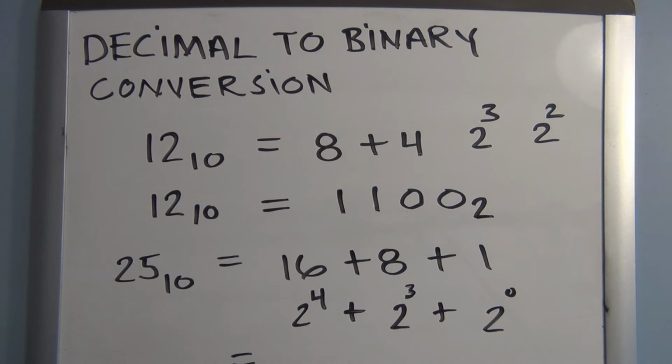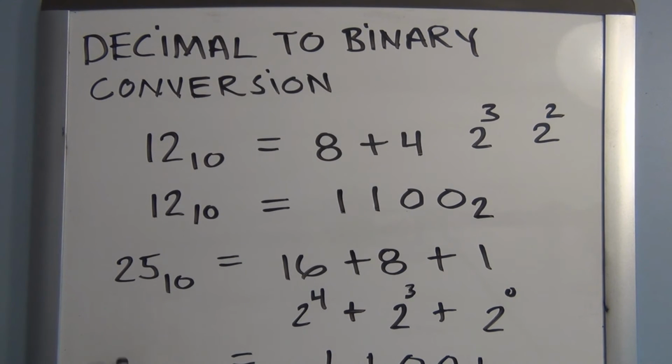So we'll have a 1 in that position. We have 2 to the 1, which is a 0, 2 to the 2, which is a 0. We have 2 to the 3, we have a 1, and then 2 to the 4, we have a 1.